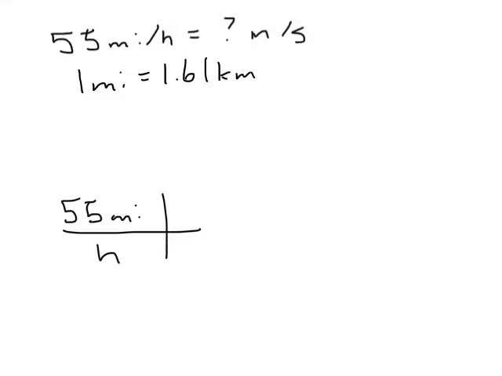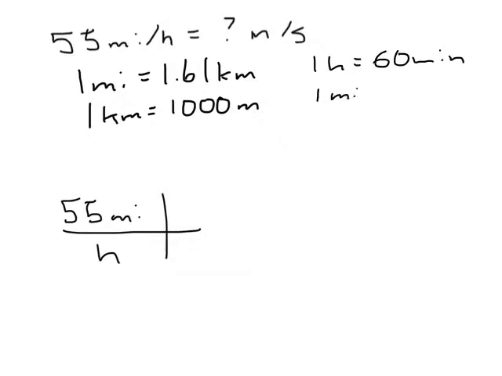I'm also going to use 1 kilometer equals 1,000 meters. And so that lets me take care of my distance conversion, mile to kilometers, kilometers to meters, which is what I want. I'm also going to need to convert my time. And I'm going to use 1 hour equals 60 minutes, and 1 minute equals 60 seconds.